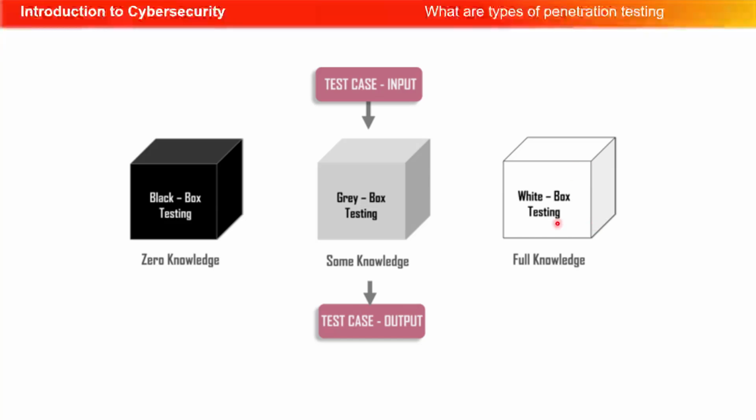And then white box testing can come from some kind of industrial espionage, full knowledge on the system, a rogue employee, an employee that has been maybe terminated, a contractor that has gone in and gotten some knowledge. So that is also a type of penetration testing.